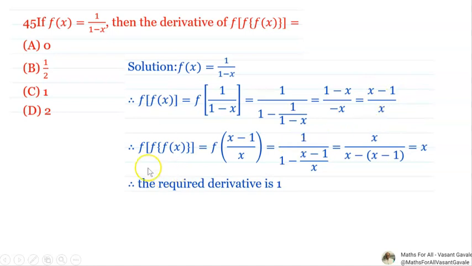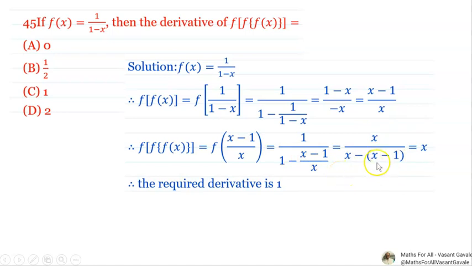पुन्हा आपल्याला याचा काय फाइंड आउट करायचा आहे f of x. That is the f of x minus 1 upon x. But what is the f of x function कसा आहे आपला f of x means what 1 upon 1 minus x. Similarly here f of x minus 1 upon x means what 1 upon 1 minus x minus 1 upon x. आता पुन्हा हे सिम्प्लिफाय करणार हे x ने याला मल्टिप्लाय करणार तोच x इकडे न्यूमरेटर येणार ते सिम्प्लिफिकेशन x minus in bracket x minus 1 plus x minus x get cancelled.